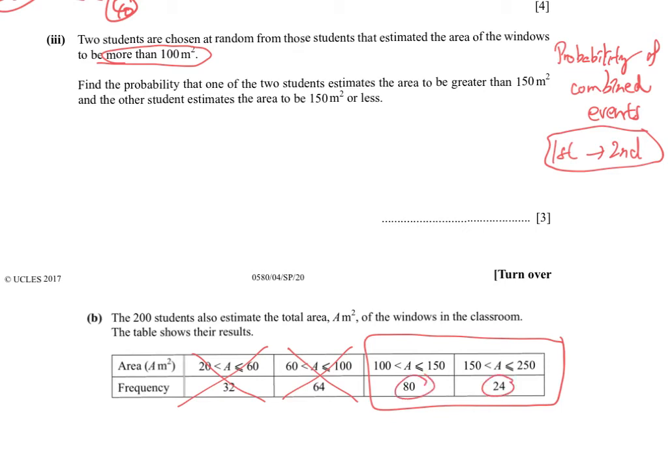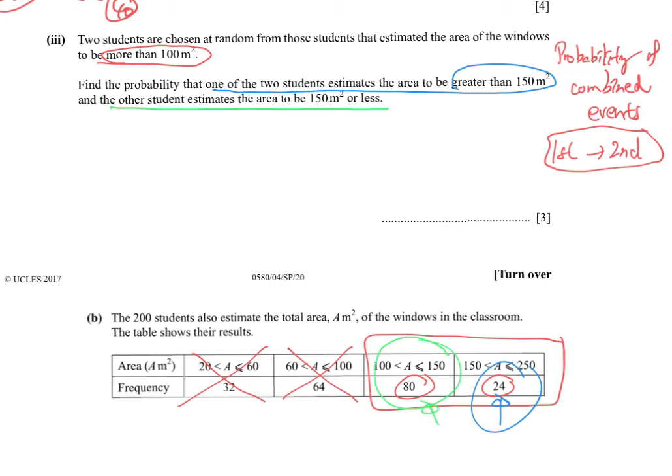And then the probability we want to find is that one of them is greater than 150. Oh, sorry, greater than 150. So this one is from this group, and then the other one is 150 or less. So the other one is chosen from this group, the green one. Okay.